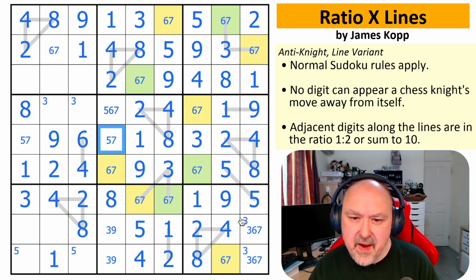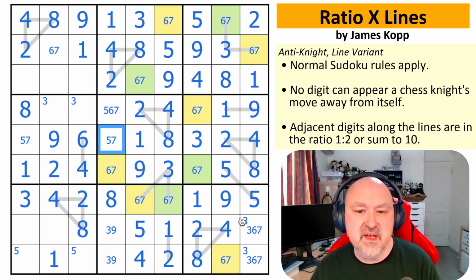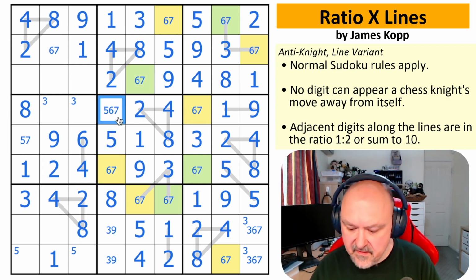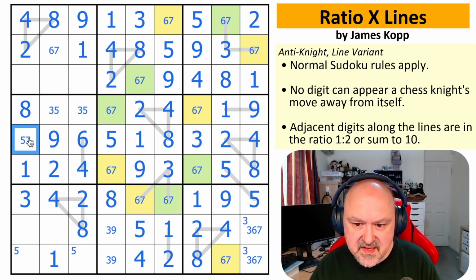That sees yellow and green, so it cannot be a 7. Because if this was a 7, both of those would have to be 6s and they can't be. That's a 5. So this is green. This is now a pair, which is 3, 5, which makes that 7.